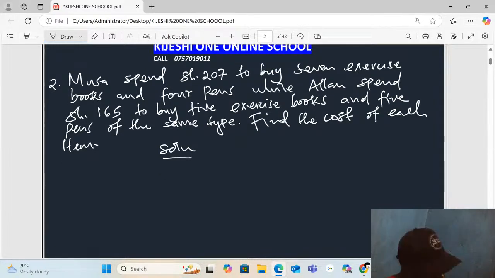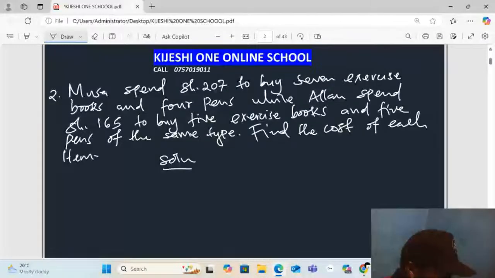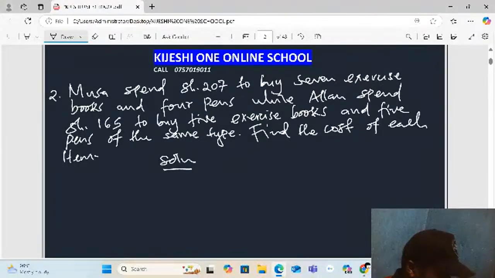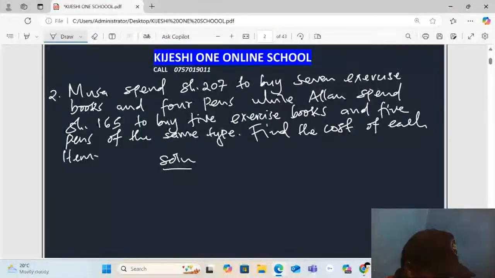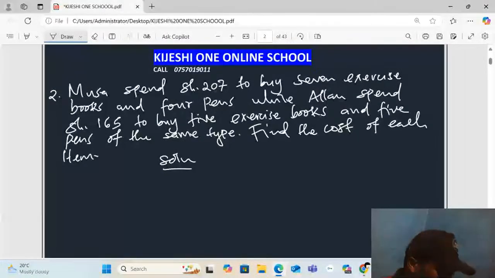So, we have to digest the question well, and from the question, we can see that we form 2 equations, then solve them. Now, we can form 2 linear equations by letting the number of books be x and pens y, or the number of books be b and the number of pens be p, any of your choice.